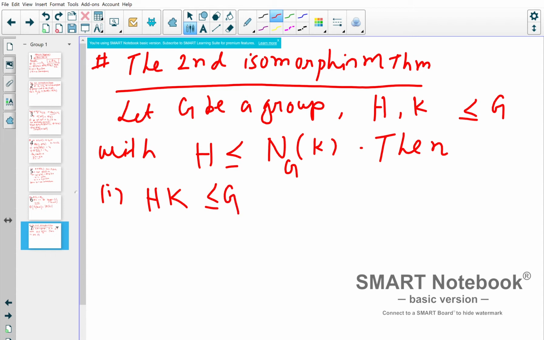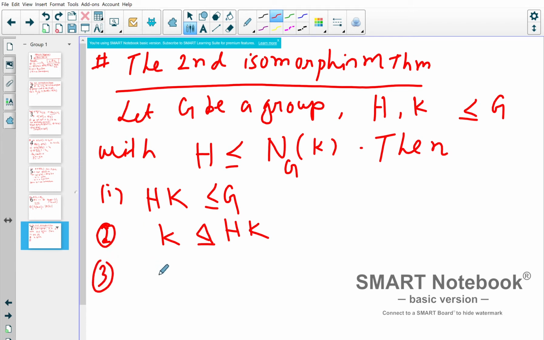And not only that, HK is a subgroup of G, and also K is a subgroup of HK. So thus you can talk about these, and you can have many things.